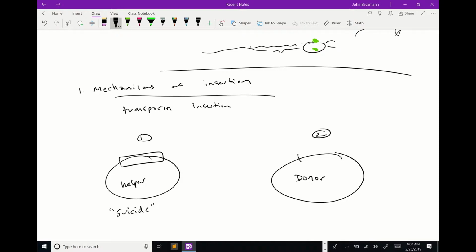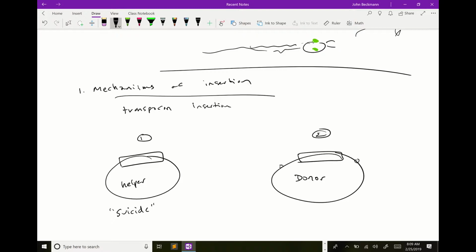What do they have on them? The helper has... Is it restriction on one side, or do they have the same sequences on both ends of the insert? That's kind of cool. You're kind of close.